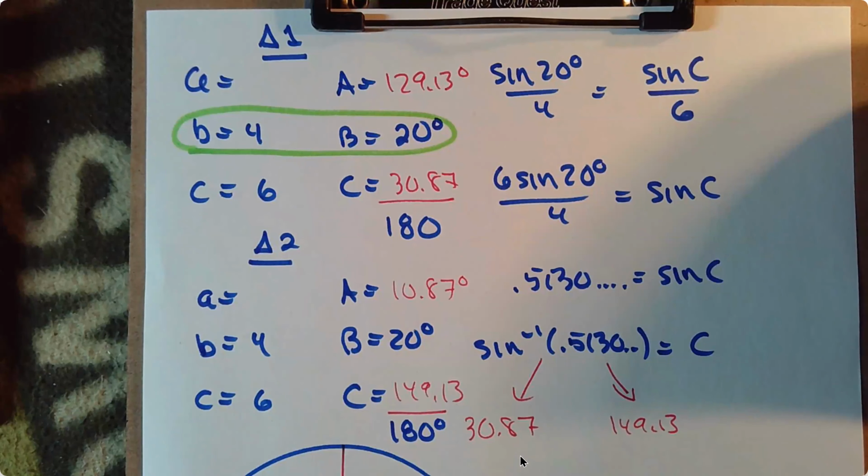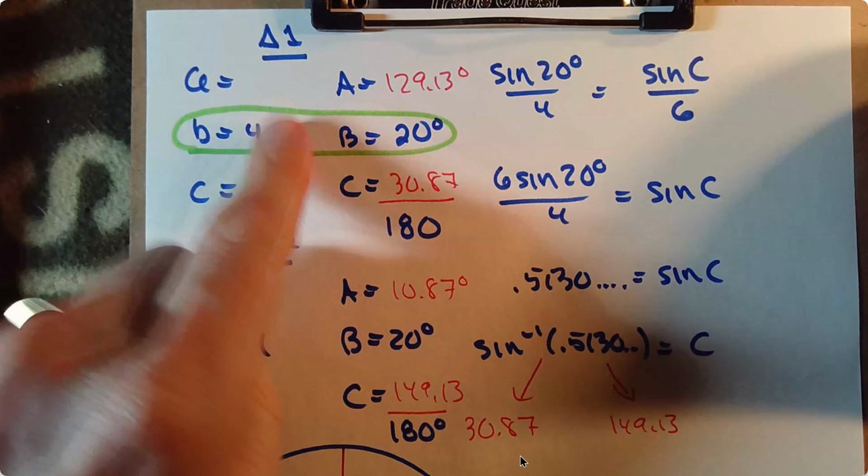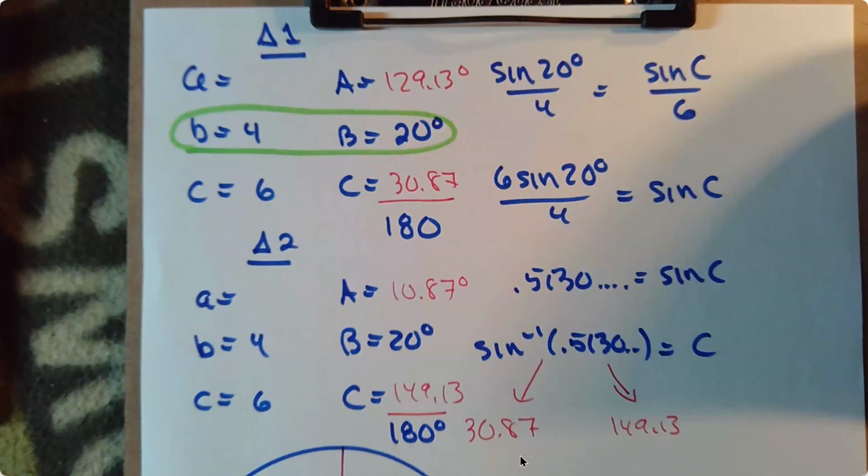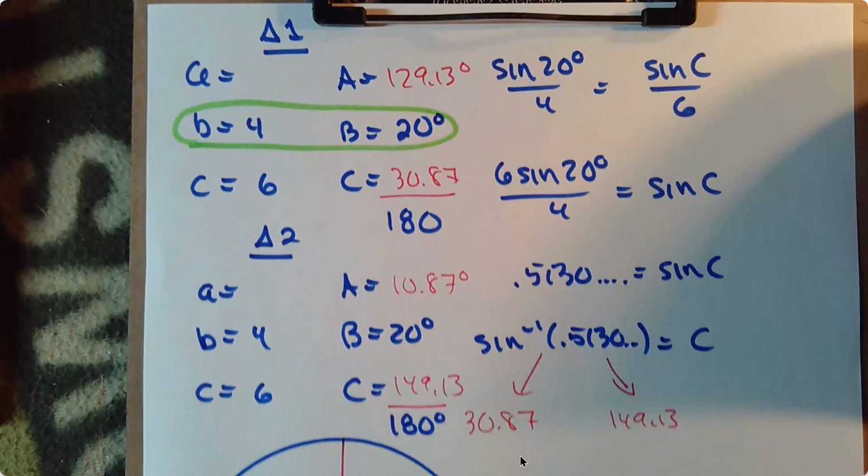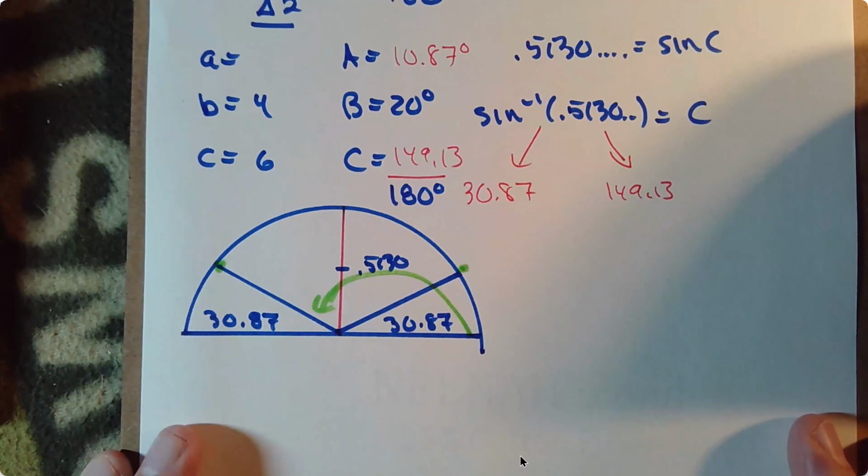The only thing left now is to solve for A in both triangles. So let's do that. The calculations are going to be pretty identical for each of these.